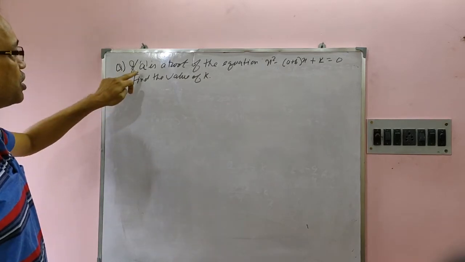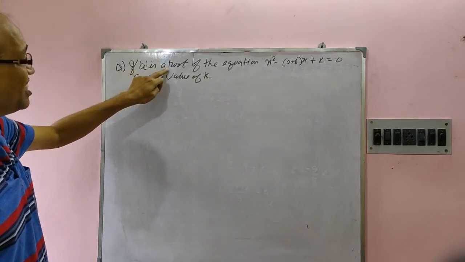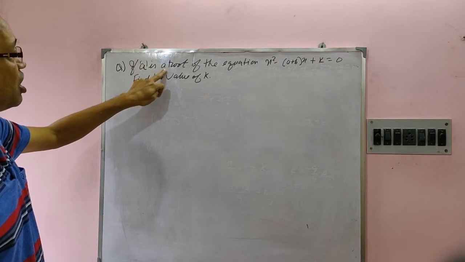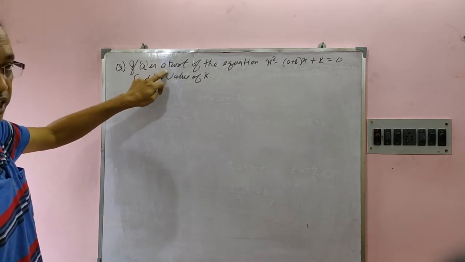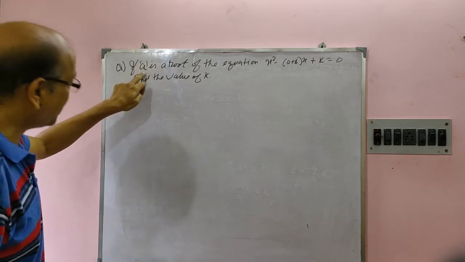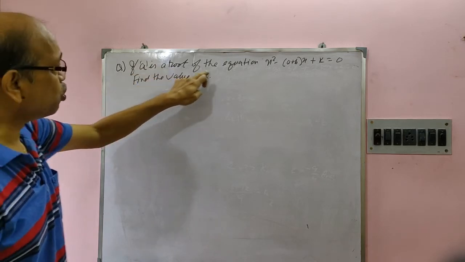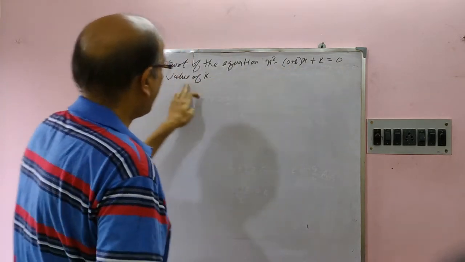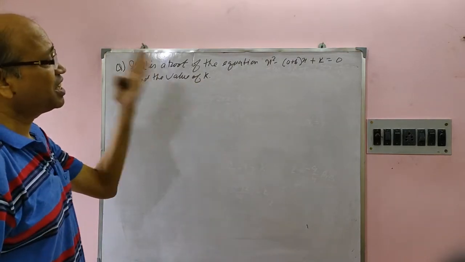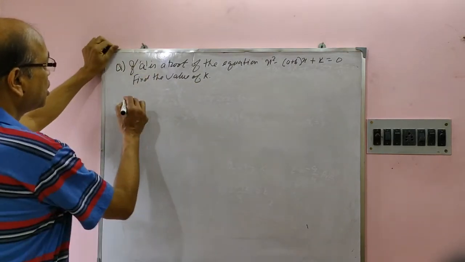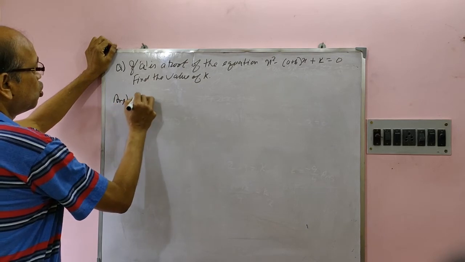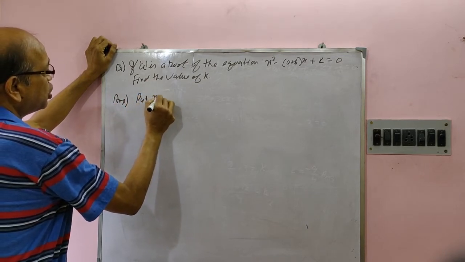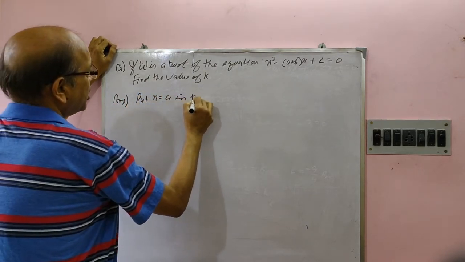Here the question is: if a is a root of the equation x square minus (a plus b)x plus k, find the value of k. Nothing, it's very simple. Put x equals a in the equation.